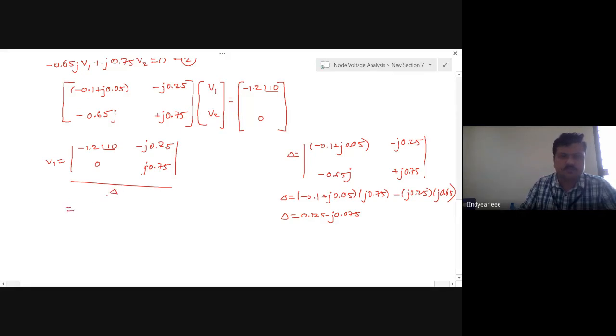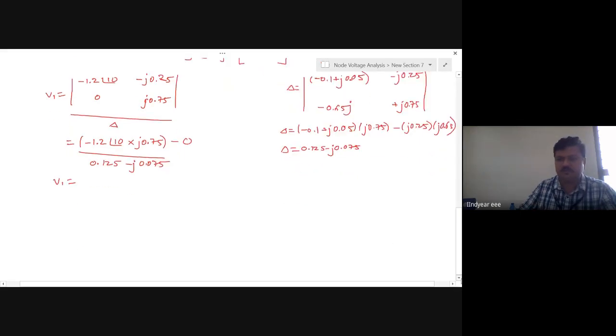So this is equal to minus 1.2 at an angle 10 multiplied by j0.75, minus 0 because this is 0, divided by 0.125 minus j0.075. Now please tell me the value of V1. Then I will write for V2.